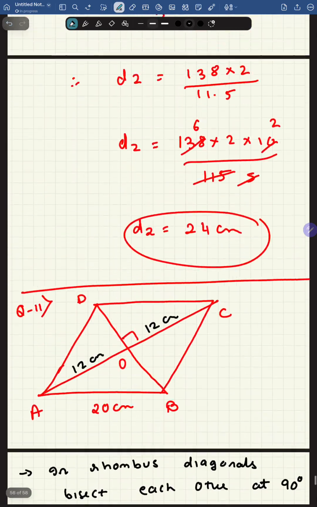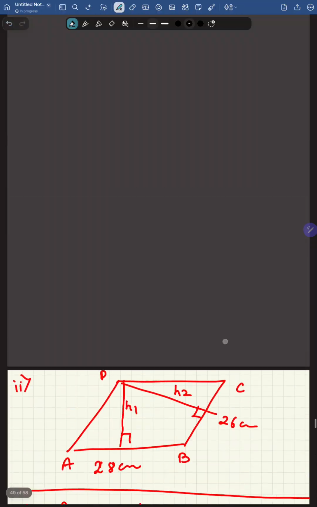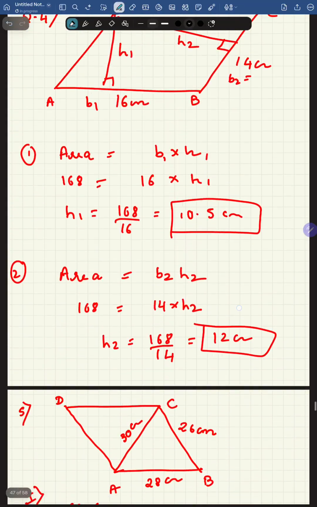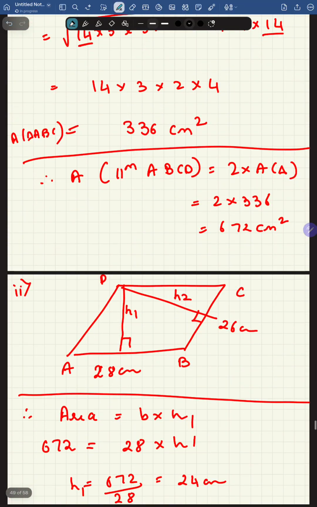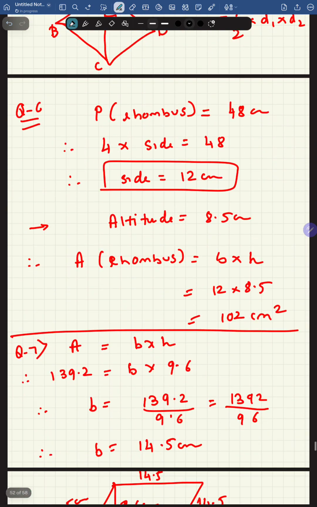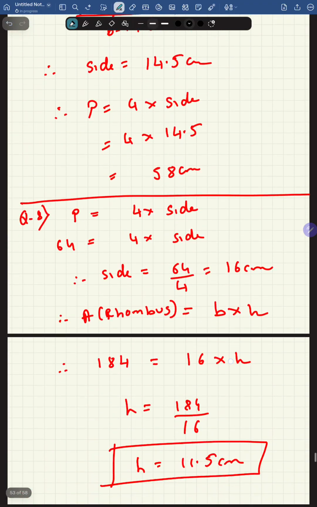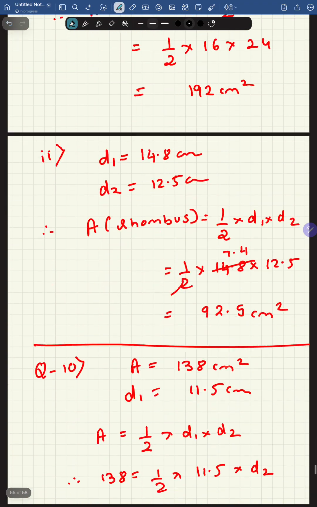Guys, hope you have understood rhombus and parallelogram. So till now we completed area of rhombus and we did area of parallelogram. Parallelogram: base into height. Also remember b1 h1 equals b2 h2, and in a rhombus base into height is a general formula and the second formula is half into d1 into d2.